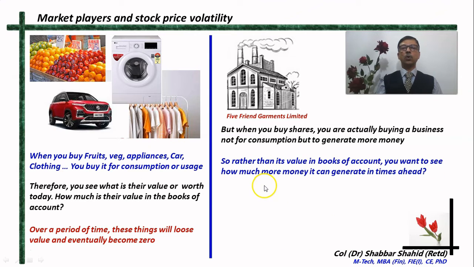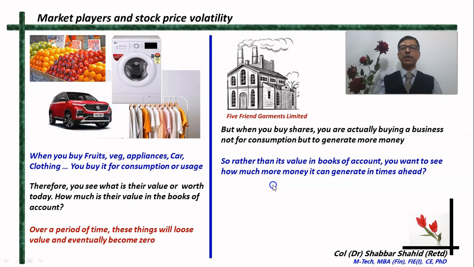So rather than looking at what its value is today in the books of accounts, you want to see how much more money it can generate and how fast it can generate, isn't it? Say, for example, if the book value of the share is only 50 rupees today, you will have a look at how much it can generate in future.